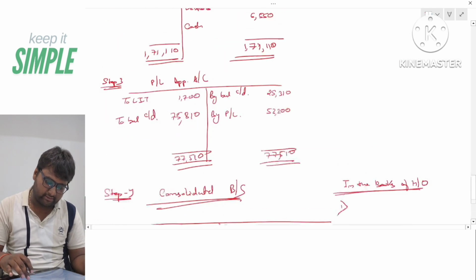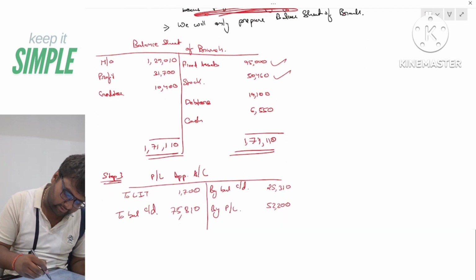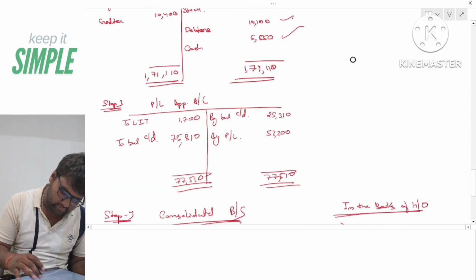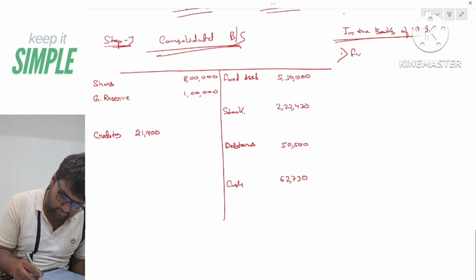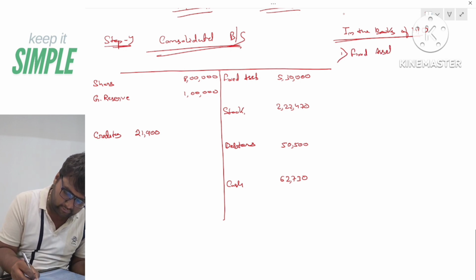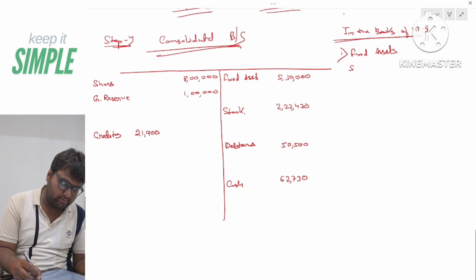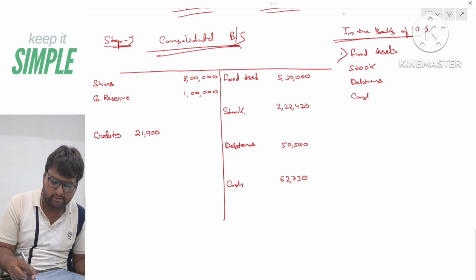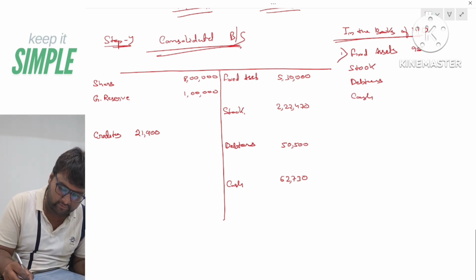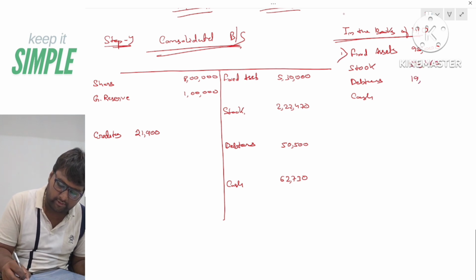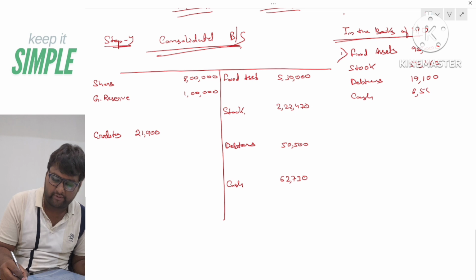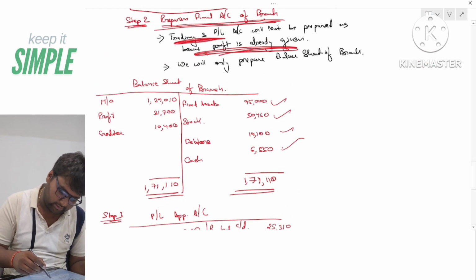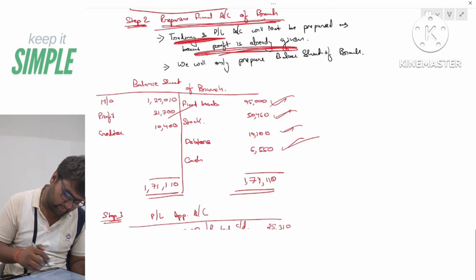Fixed assets, stock, debtors and cash. What are the figures? 95,000, 50,460, 19,100, 6,550. Then we'll take profit and creditors.